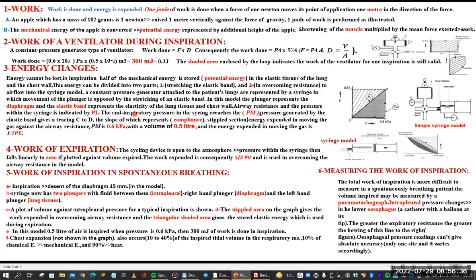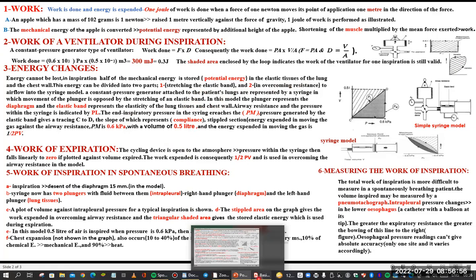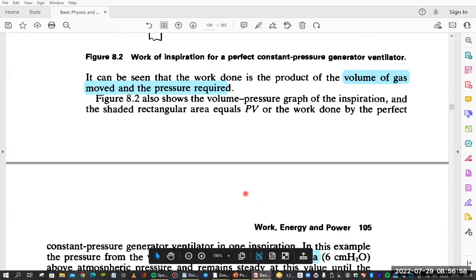The second component is used to overcome the stretch of the elastic tissue and to overcome resistance. So we represent this figure by the syringe model, as we will be seeing later.